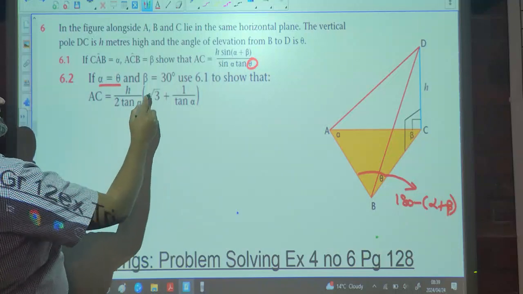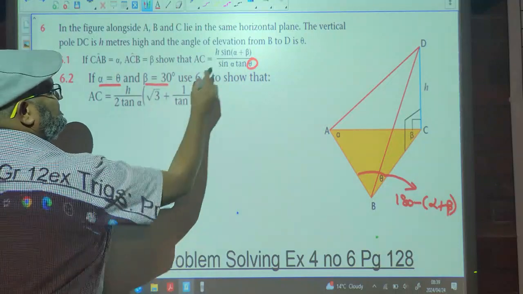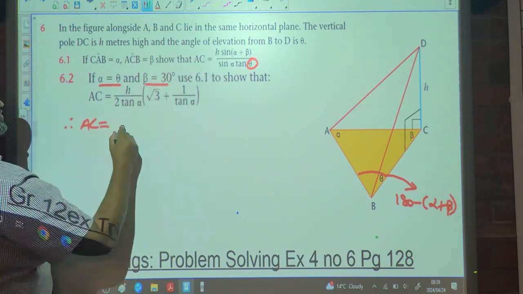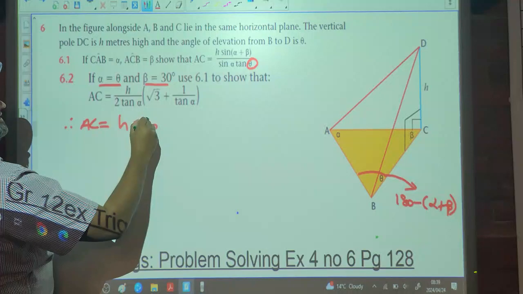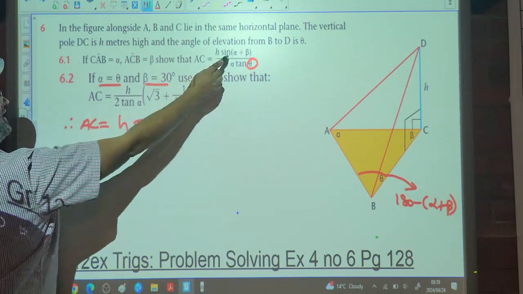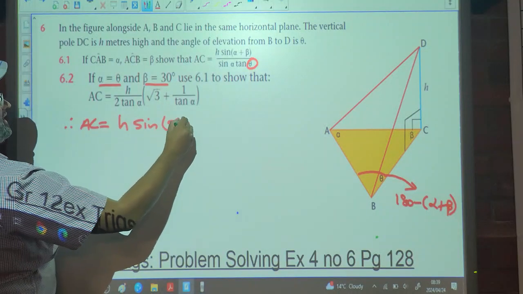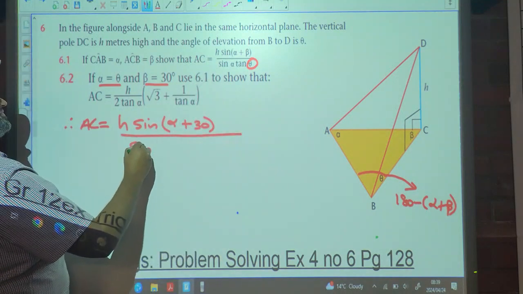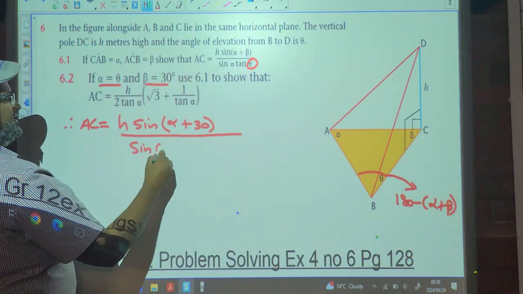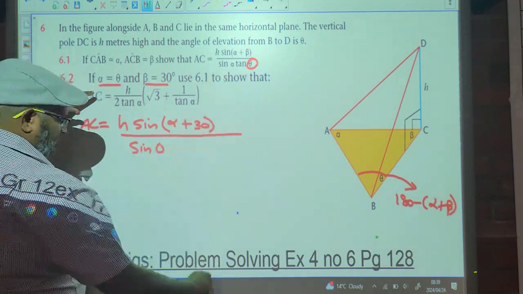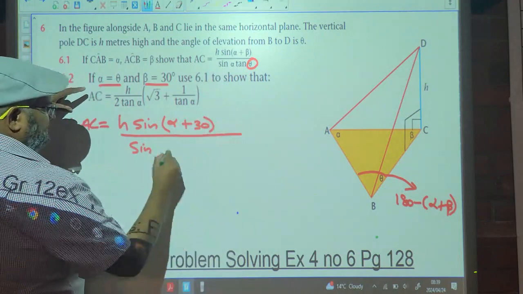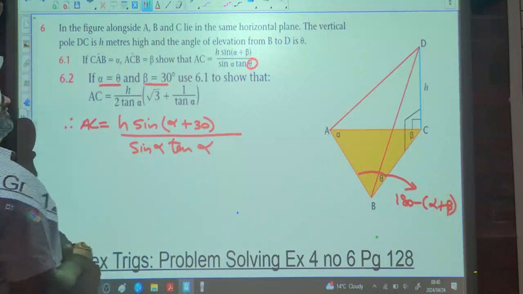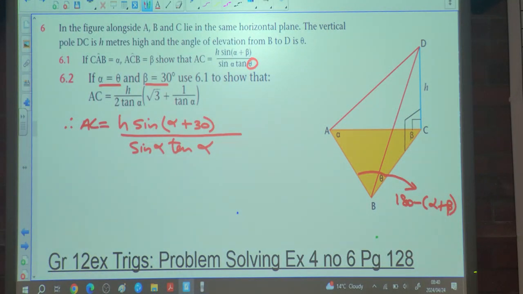So there goes alpha now, and beta with 30. So therefore AC is equal to H sine alpha plus 30, and this is all over sine alpha, which is alpha, stays alpha, and tan alpha. You all agree with that?